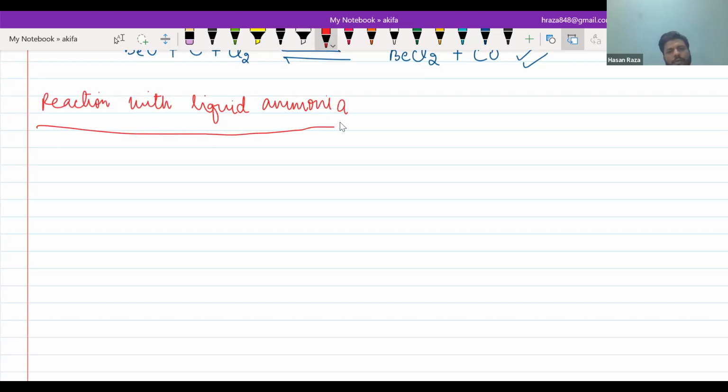How do s-block elements react with liquid ammonia? Just see. I'm going to write some points, write with me.